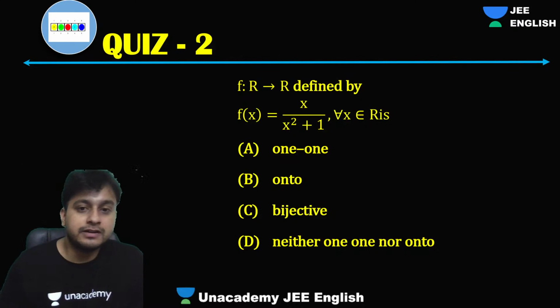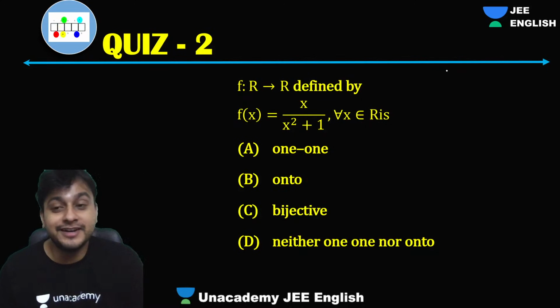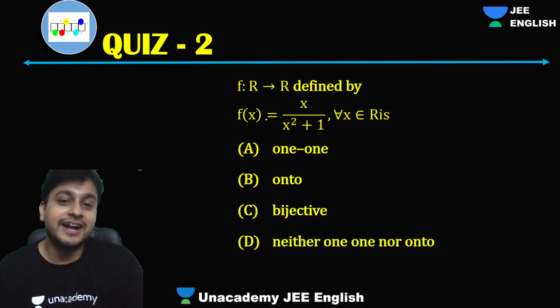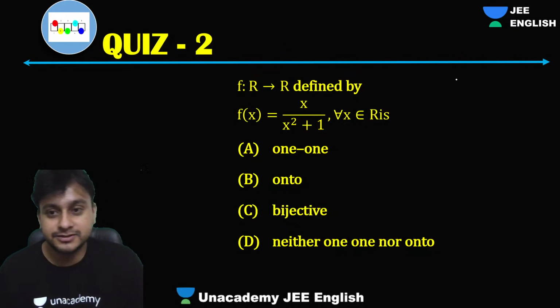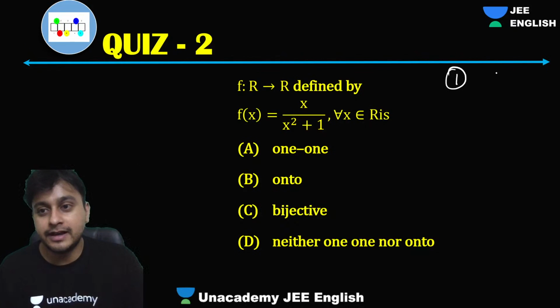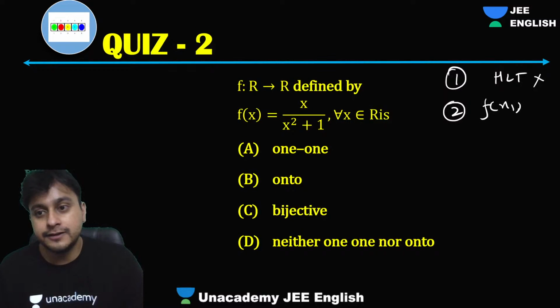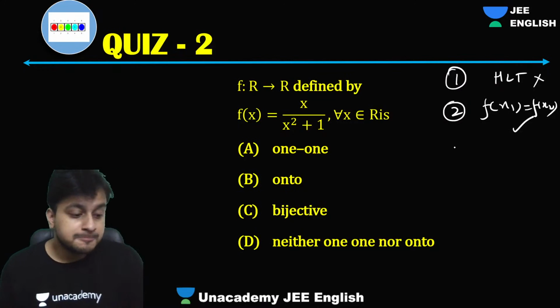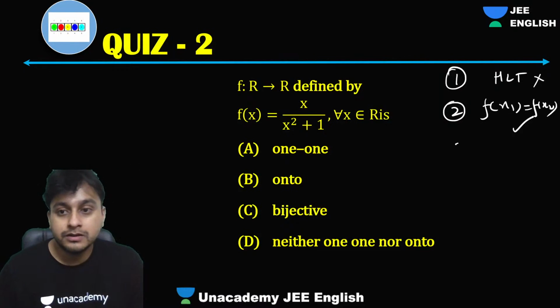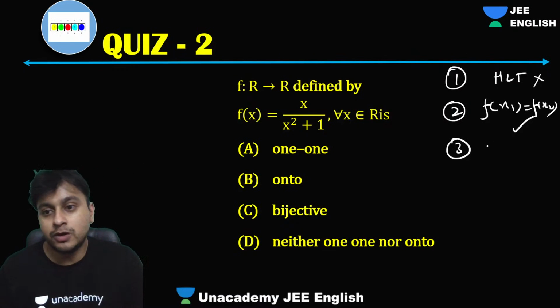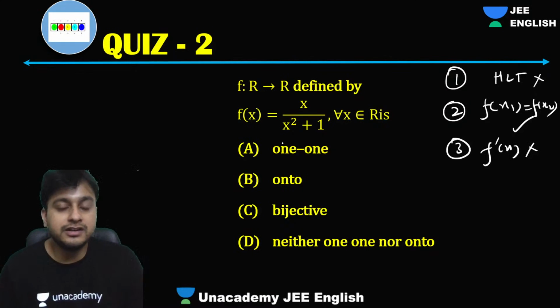See guys, how to check one-one? I've told you three different methods. Graph is difficult for you to draw. The first method, horizontal line test, is difficult. Second, f of x1 equals f of x2, possible. And the third one is f dash, differentiate this function, again a little bit difficult.